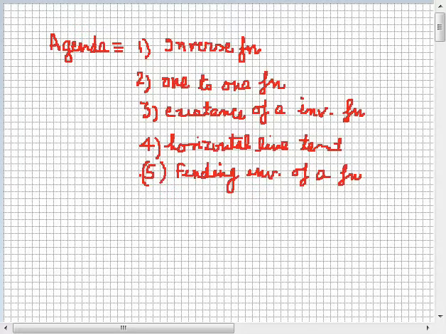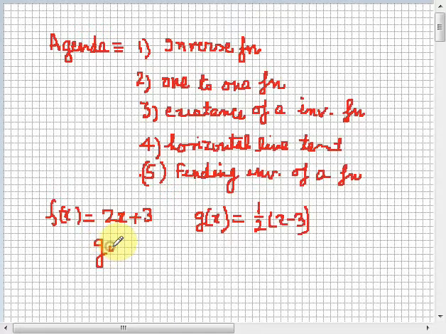The problem was: find FOG and GOF of, suppose, fx equal to 2x plus 3 and gx equal to 1 by 2 x minus 3. What I asked was to calculate GOF and FOG.